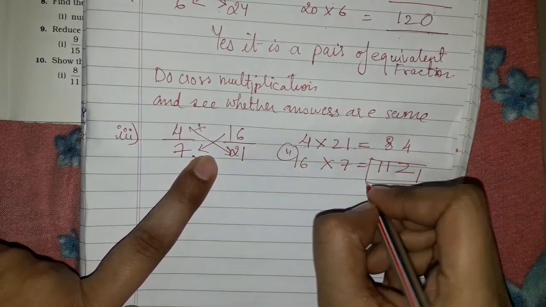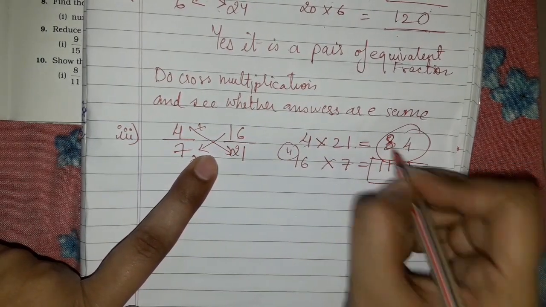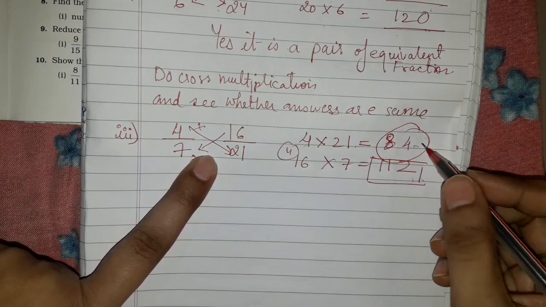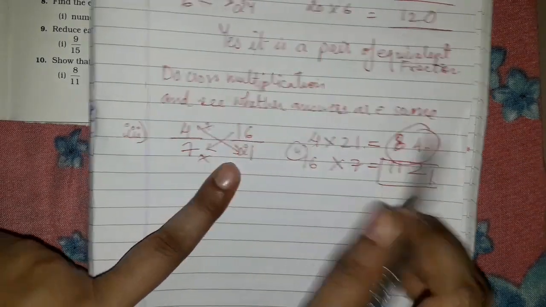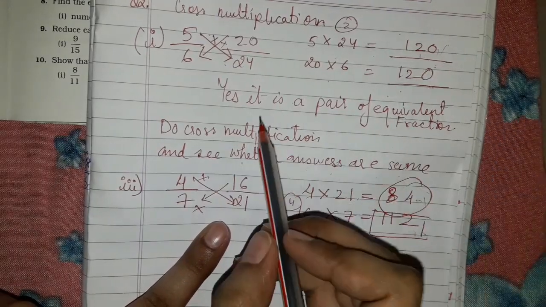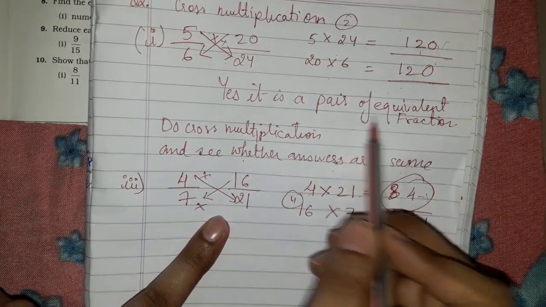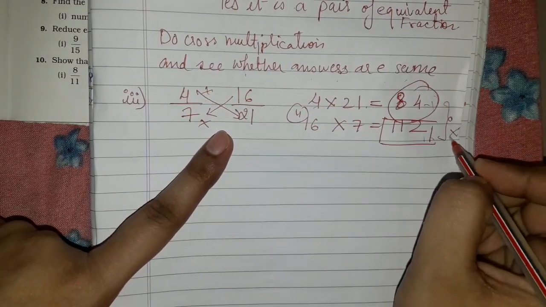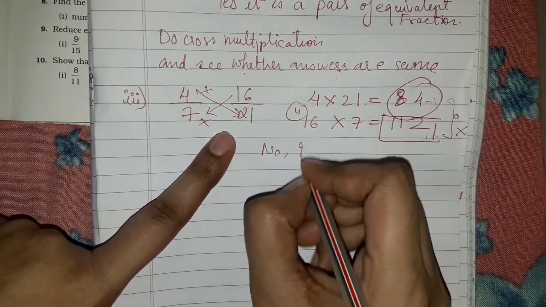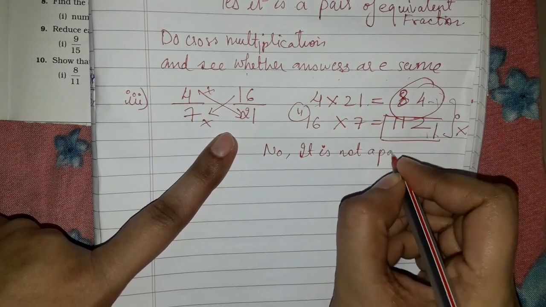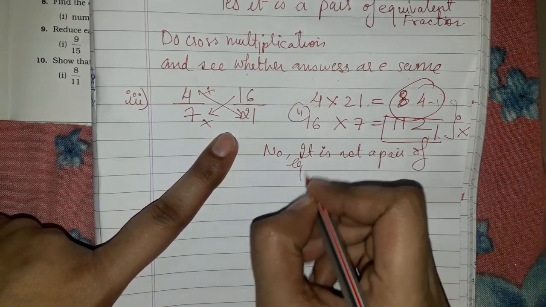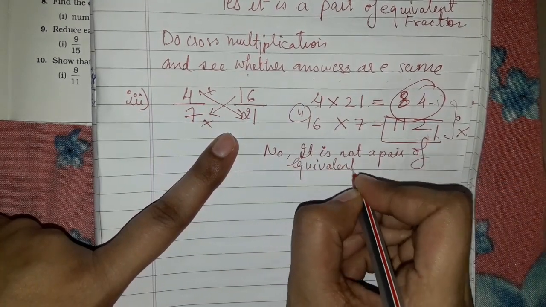Here it is coming 84 and here it is coming 112. These two numbers are not equal. We have to see whether the answers are the same. If the answers were the same, it would be called a pair of equivalent fractions. If the answers are not the same, then it is not a pair of equivalent fractions.